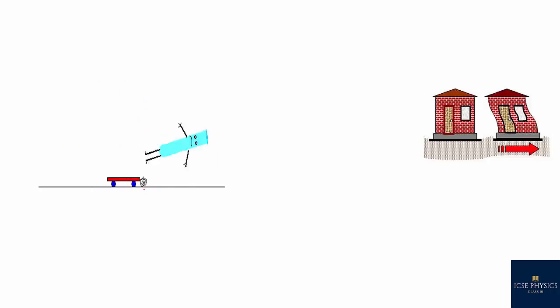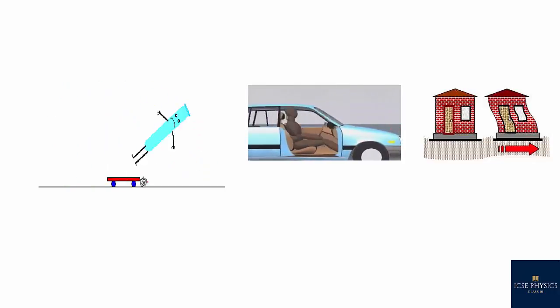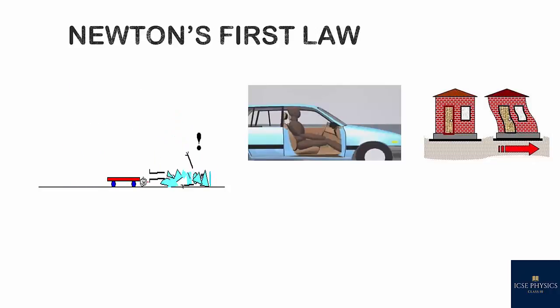When he is stopped by a stone, the person falls down because he has a tendency to keep moving. Similarly here, the person has a tendency to move, and when a sudden brake is applied, the person falls forward. These things give us Newton's first law.